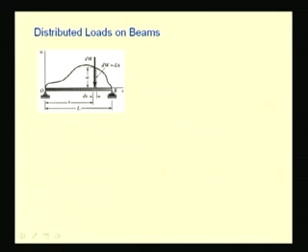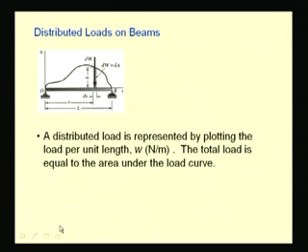So, if we take a small element of the beam dx, the corresponding load is dw, which is equal to the area of this incremental rectangle, and in order to compute the total load we have to integrate to find this area, and the total load is computed.